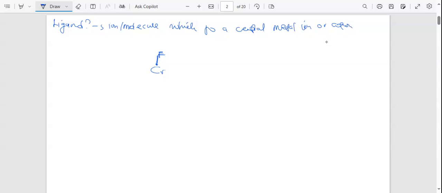This metal can be an ion or just a normal atom. So that's about a ligand. It's an ion or a molecule that will bind to a central metal ion or just an atom. We have demonstrated how it will be happening.